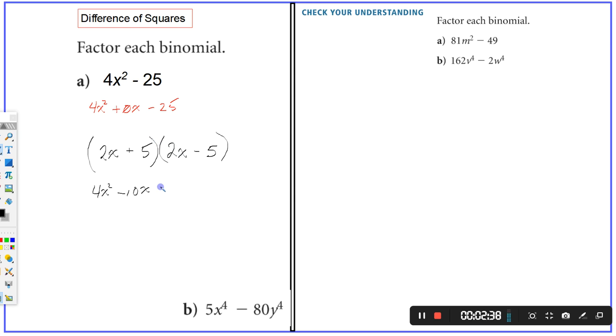Positive 5 times 2x would be plus 10x, and then 5 times negative 5 is minus 25, and you would have these two middle terms here cancel out to get us that 0x. So this does work, and it's going to be that way for all of our difference of squares examples, in that we just take the square root of the first term, square root of the second term, we're multiplying them together, and we have to have different signs here.